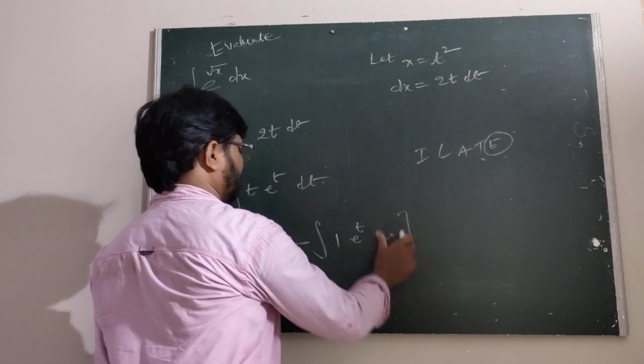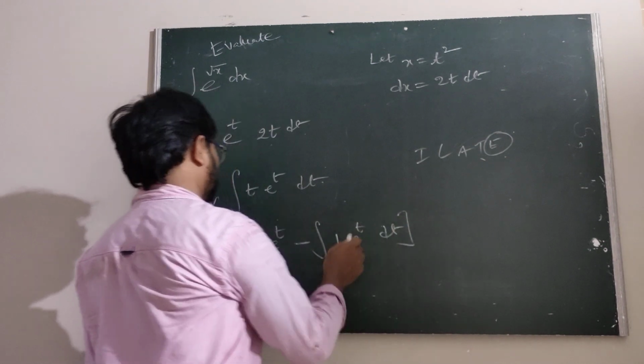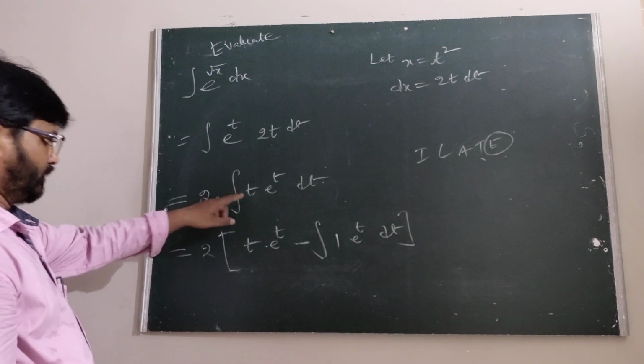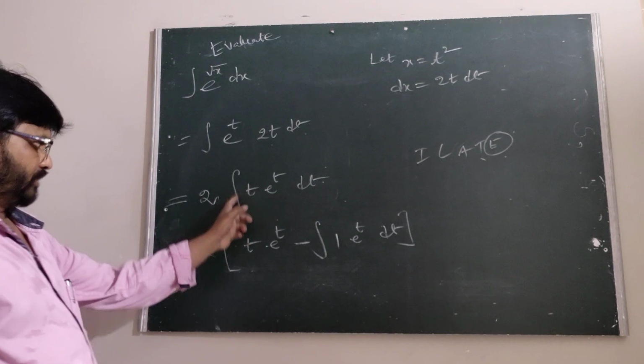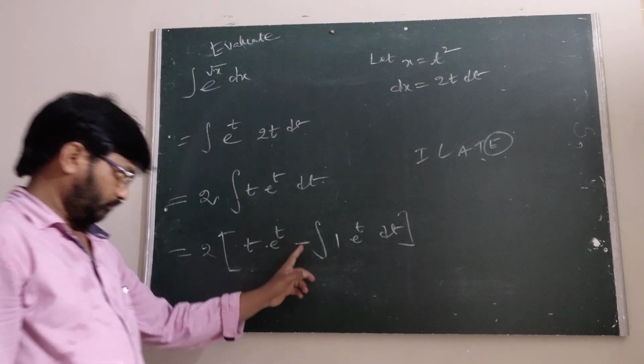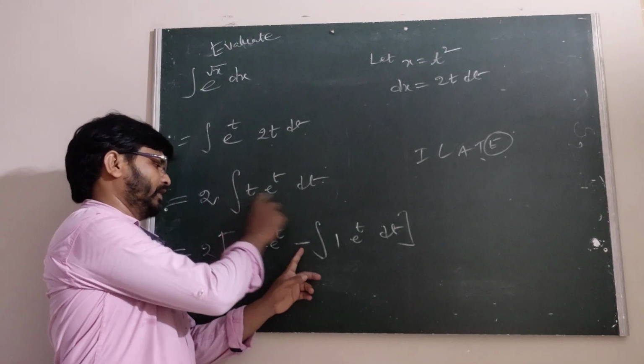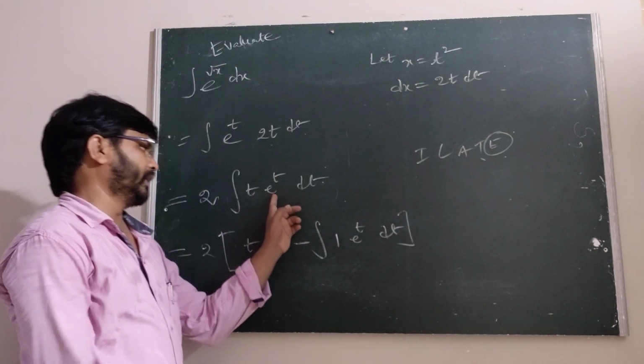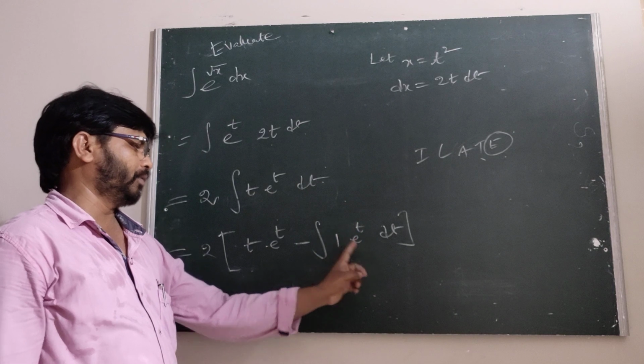Is it clear? So in this step we can write directly first into integral of the second e power t dt, which is e power t, minus the derivative of t, which is 1, into the integral of e power t, which is e power t.